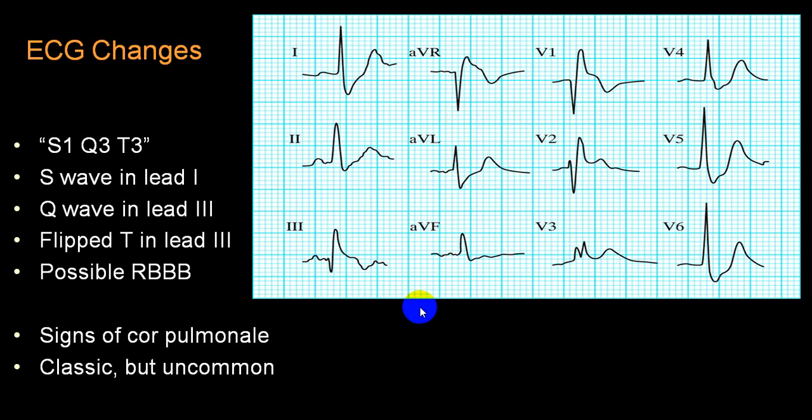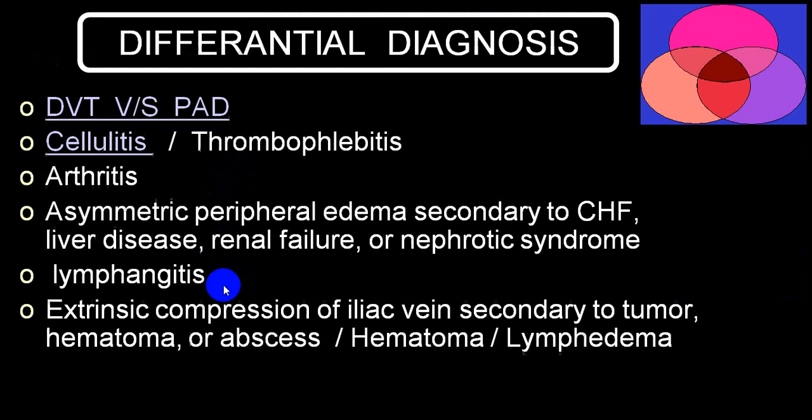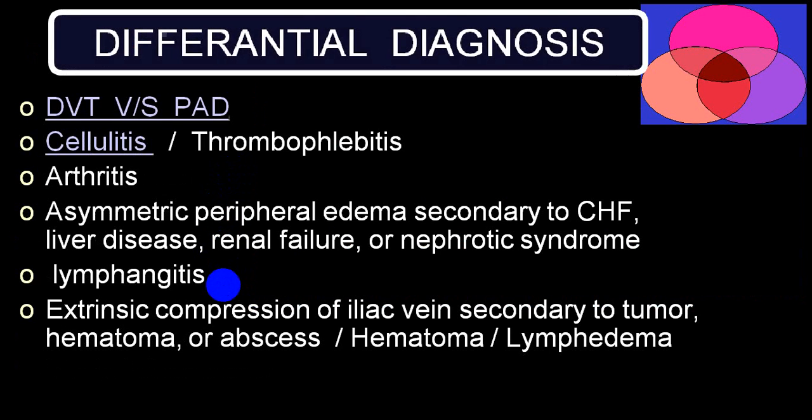You can have a low voltage, flipped T wave. A good number of times it is described as a flipped T wave in lead 3. So the T wave is flipped. That is very common in lead 3. So these are some of the findings which you can come across.